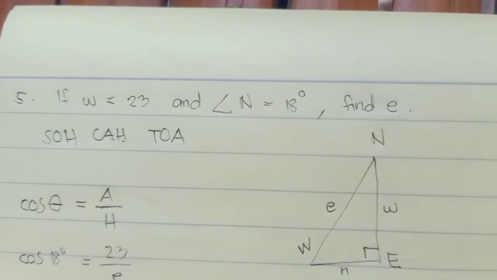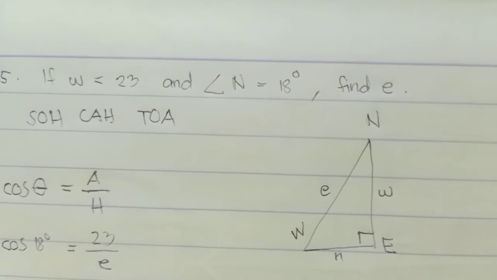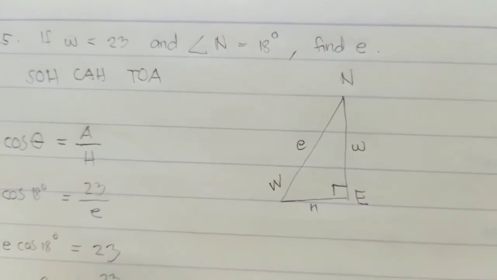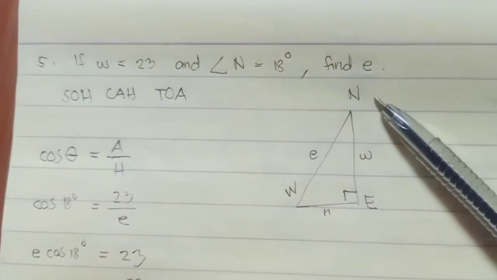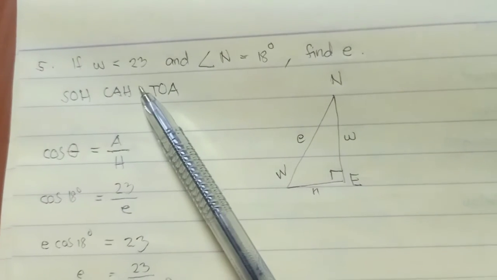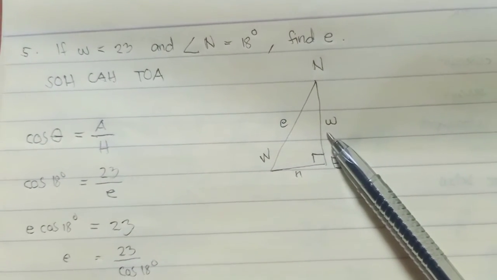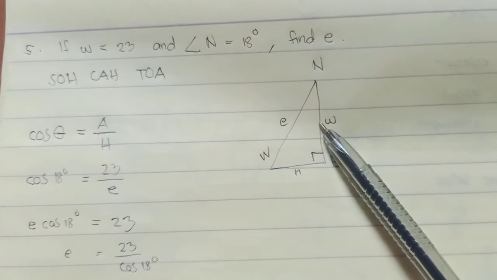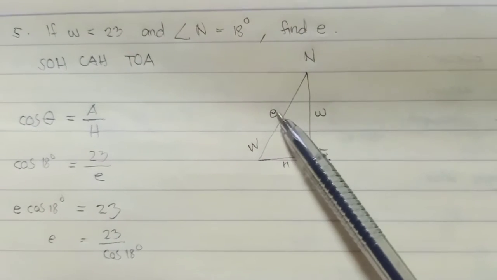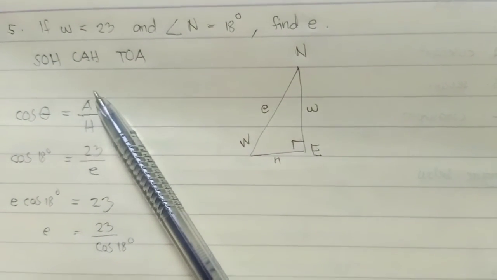If w equals 23 and angle N is equal to 18 degrees, find e. Our reference angle here is N, and the given 23 is the adjacent side. We look for e, the hypotenuse. Adjacent and hypotenuse, so let's use CAH.